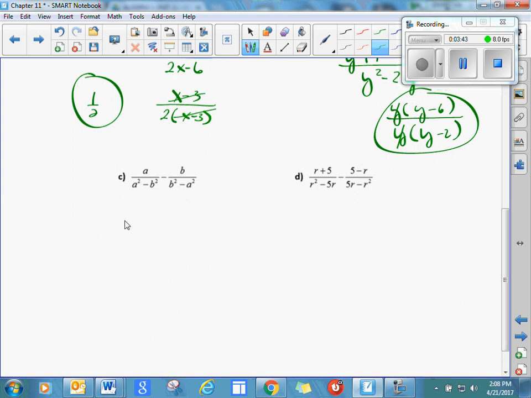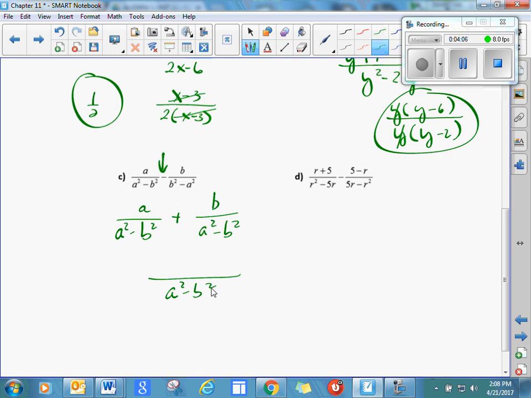Nothing different about this one. We notice the denominators are opposites. We are going to write them such that the second fraction has the same denominator. We notice that this is a subtraction problem, so we're going to make it addition, and everything else in the numerator stays the same. So single fraction bar, a squared minus b squared.